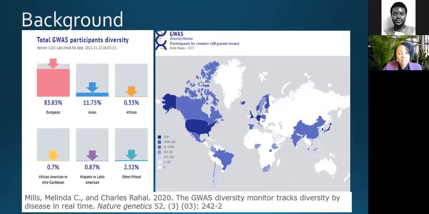While the sizes of studies have expanded significantly, samples representing populations with European ancestry still dominate GWAS. Demographic and geographic representation are limited. So in these images, the GWAS Diversity Monitor uses a mixture of limited and very broad continental, regional, and racial and ethnic categories.